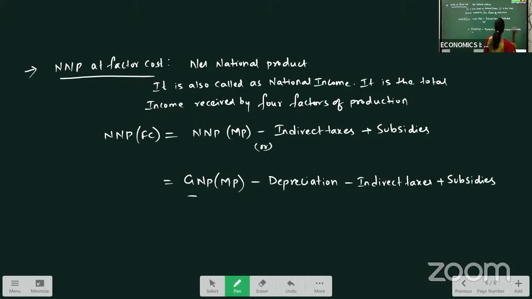So this way we calculate NNP at factor cost.